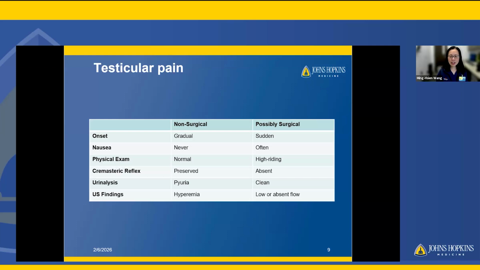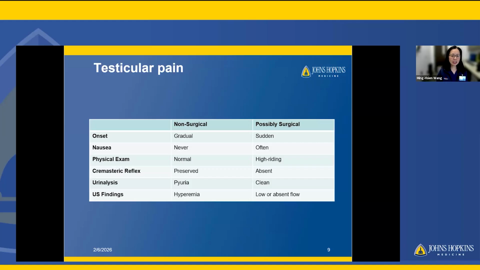And then if you have time, you would get a urinalysis. And usually with testicular torsion, the urine would be completely clean. If there's something else going on, you might see things like blood, you might see white blood cells or something different.